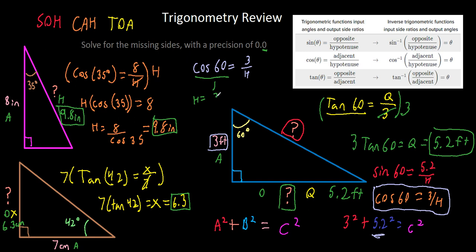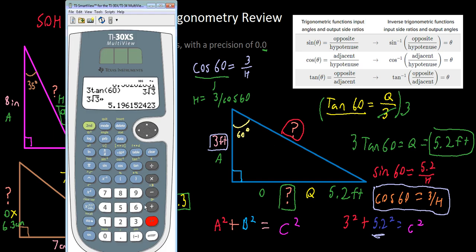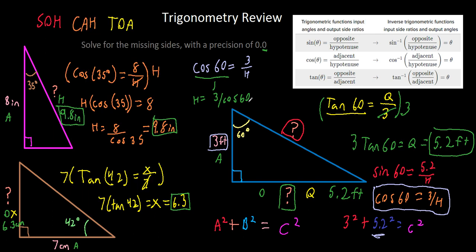So h equals 3 times 1, which is just 3, divided by the cosine of 60. We just type that into our calculator: 3 divided by the cosine of angle 60. And what do we get? 6. So great, it equals 6 feet.